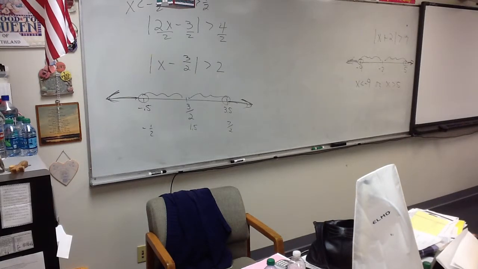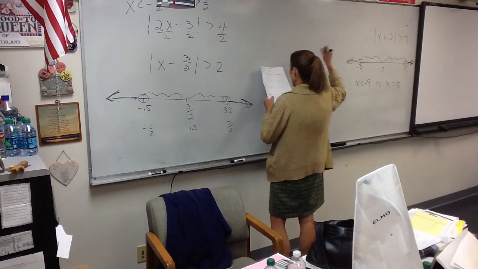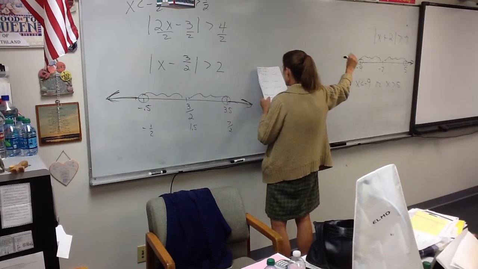I think it was on practice test 2, number 4A. Okay, wait, let's look at last night's homework first. So, 2A. Okay, so we're on last night's homework, which is practice test P.